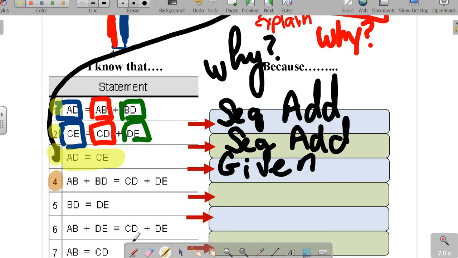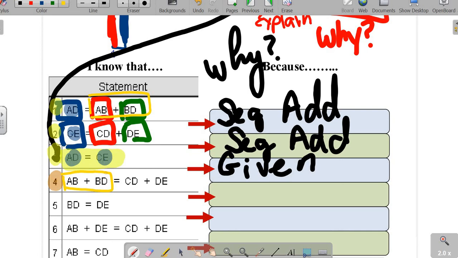Okay, let's see if you saw this very carefully. Do you see AD? We swapped out AD and we put in its place this. Do you see CE? Notice I'm circling.